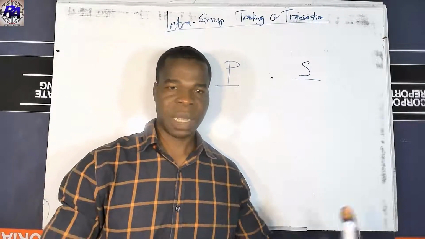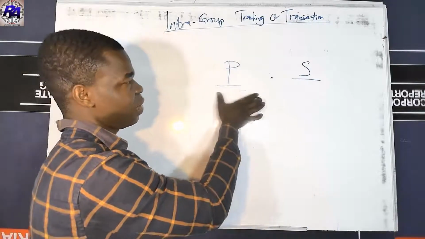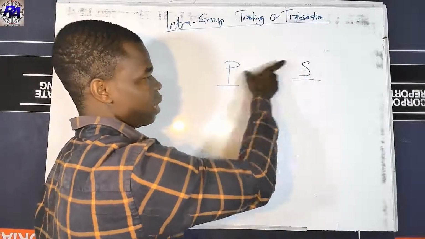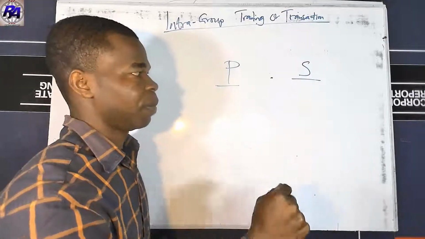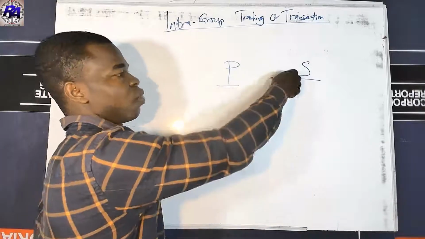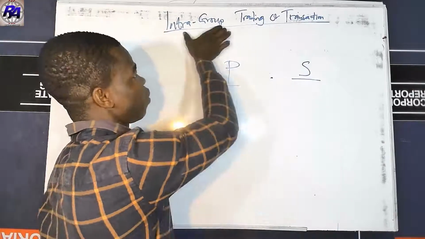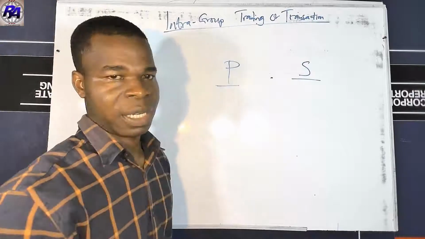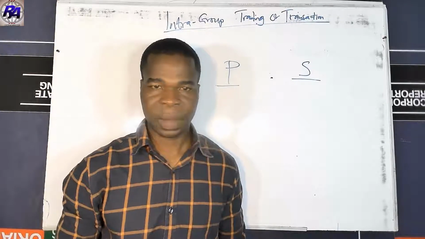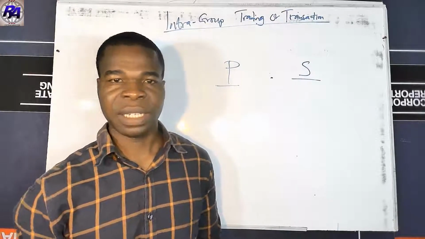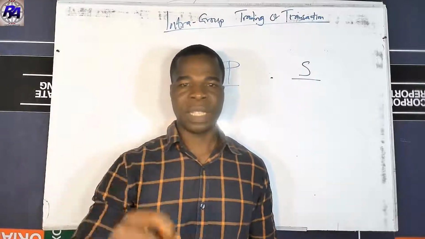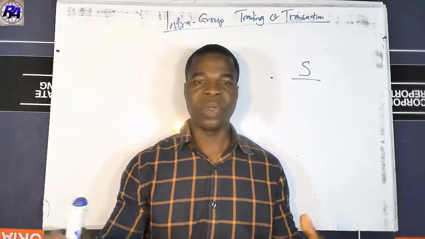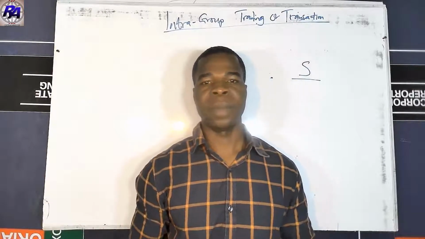The trading must be with an entity outside the group, not entities within the group. Anytime entities within the group trade among themselves, we call it intra-group transaction. And this intra-group transaction needs an adjustment depending on the type of transaction that has occurred between these entities in the same group.